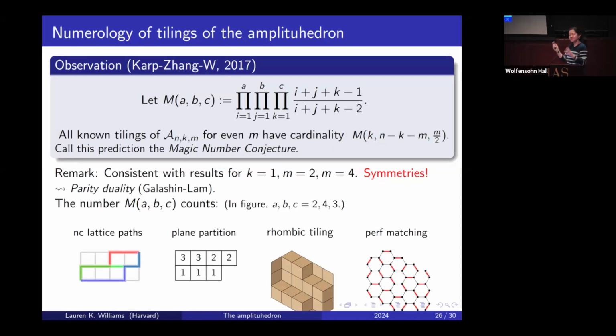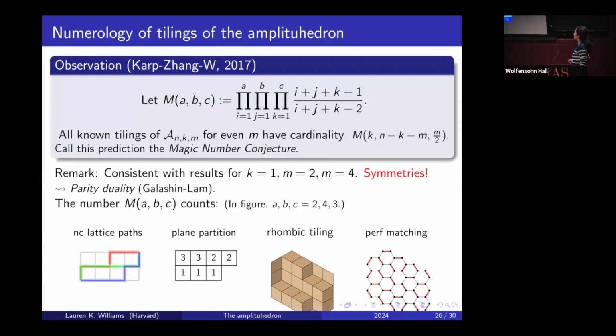Maybe accidental is the wrong word, but we don't see a bijection between tilings that would swap the other parameters. Anyway, it's quite mysterious.